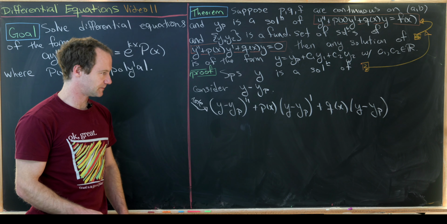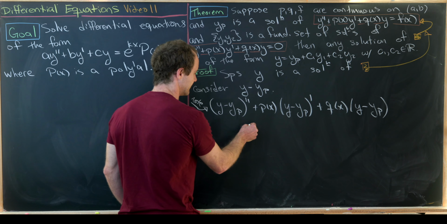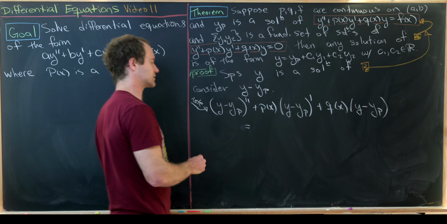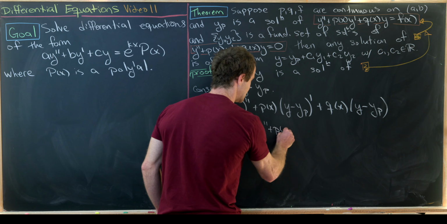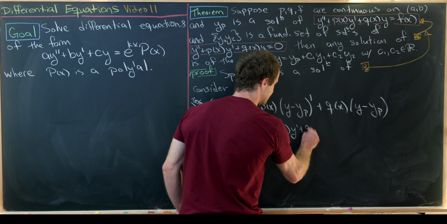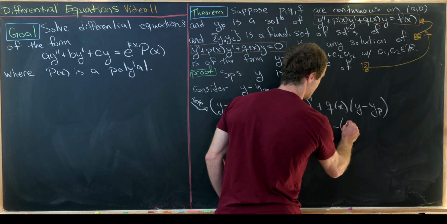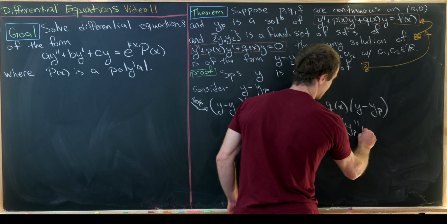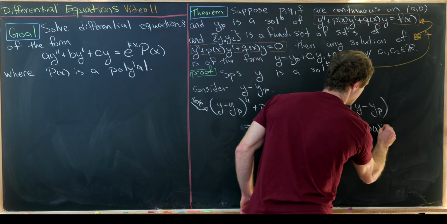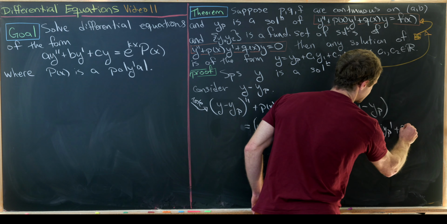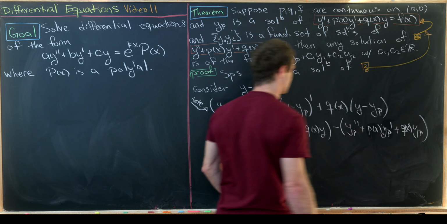So maybe I'll put a note here because this is a calculation that's going to lead us towards the final result. Okay, but now by the linearity of the derivative and the second derivative and moving some things around, we can write this as y double prime plus p of x times y prime plus q of x times y minus the quantity yp double prime plus p of x times yp prime plus q of x times yp. Great.